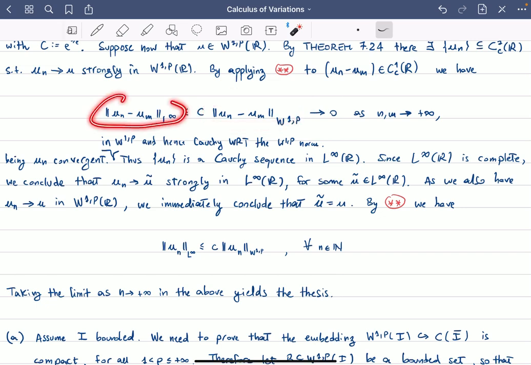But now this is telling you that also the L infinity norm of u_n minus u_m is going to 0, showing that u_n is a Cauchy sequence in L infinity.